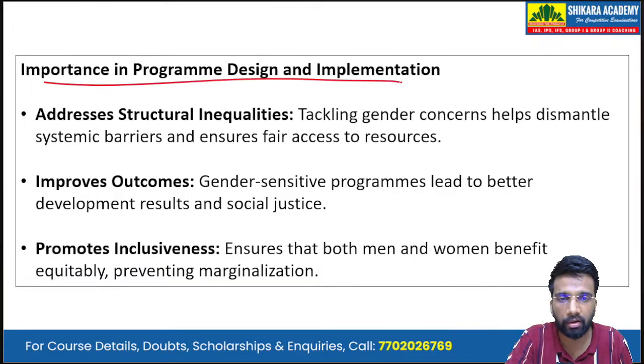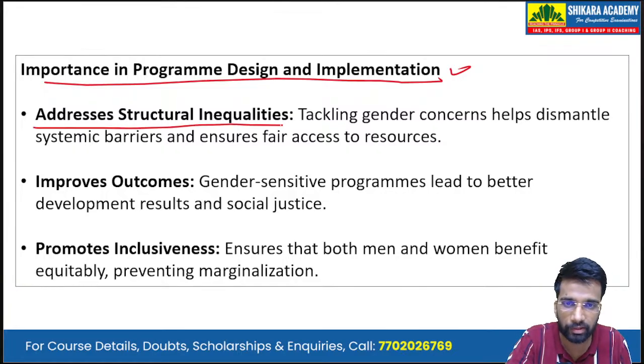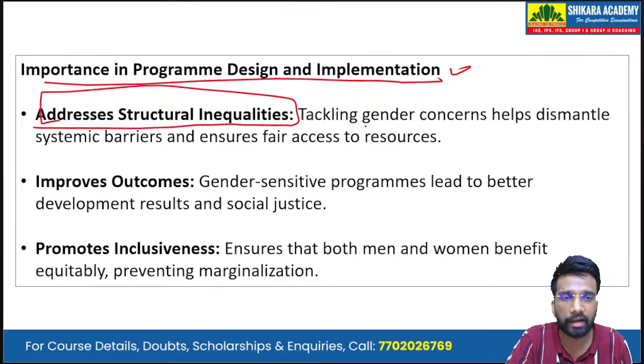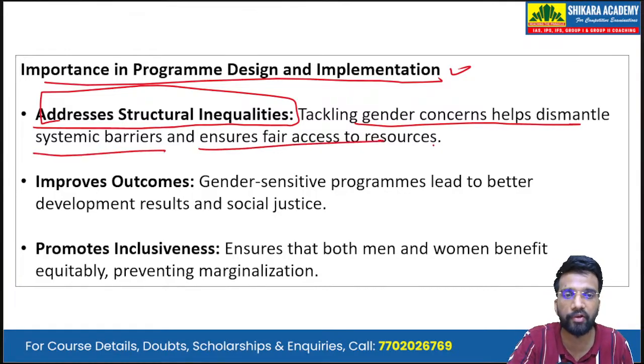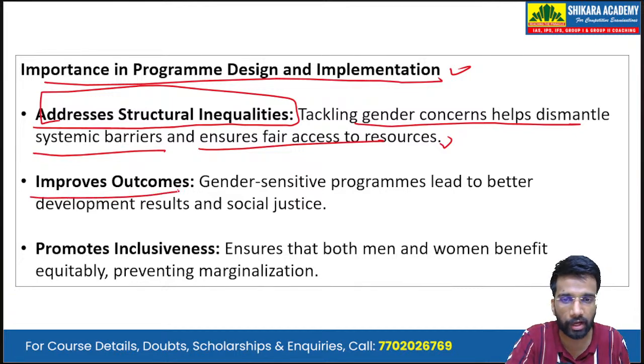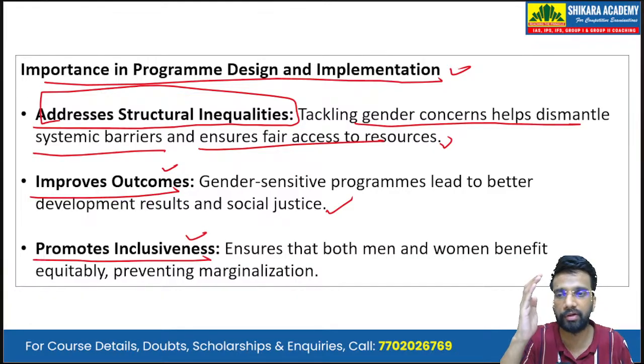Now, importance in program design and implementation: first, addresses structural inequalities. Tackling gender concerns helps to dismantle systemic barriers and ensures fair access to resources. Second is that it improves outcomes. So gender-sensitive programs lead to better development results and social justice. Third is that it promotes inclusiveness.